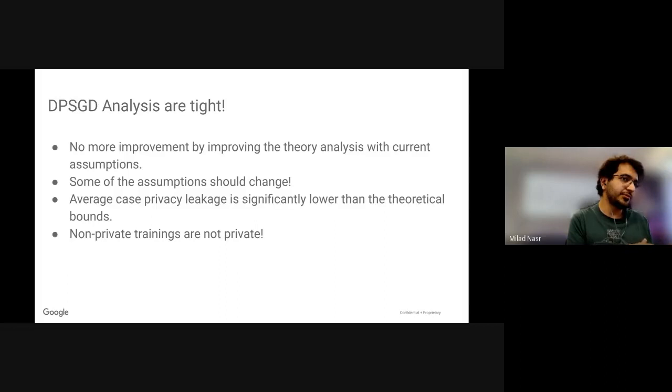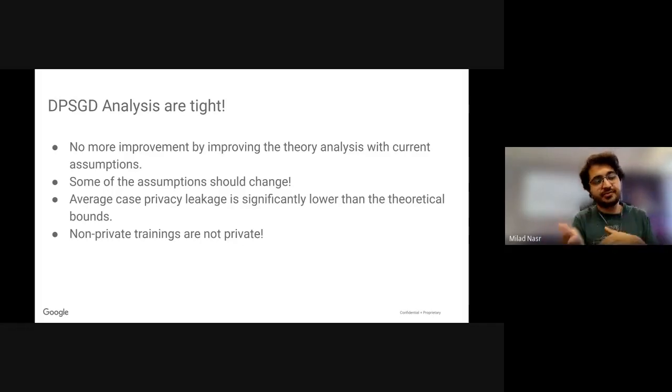I don't think it's possible to improve DP-SGD by just changing how we analyze the setting. So we should add or remove some assumptions in the analysis if we want a better analysis, better privacy for the noise we add, or better utility for a specific value of epsilon and delta.